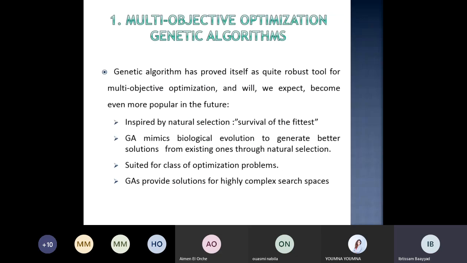Genetic algorithm has proven itself as a quite robust tool for multi-objective optimization and will, we expect, become even more popular in the future. It was inspired by natural selection. Genetic algorithm mimics biological evolution to generate better solutions from existing ones through natural selection, is suited for a class of optimization problems, and provides solutions for highly complex search spaces.